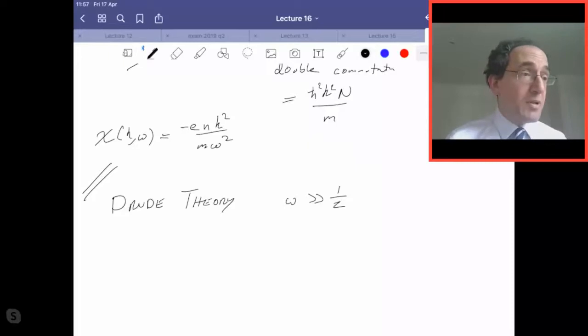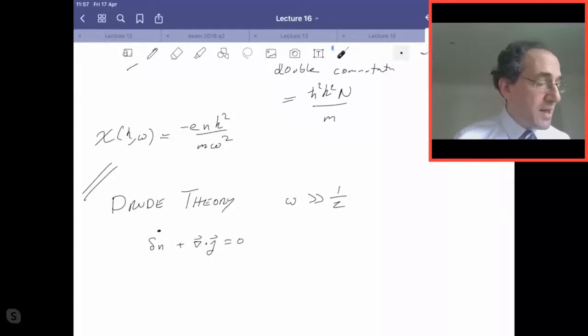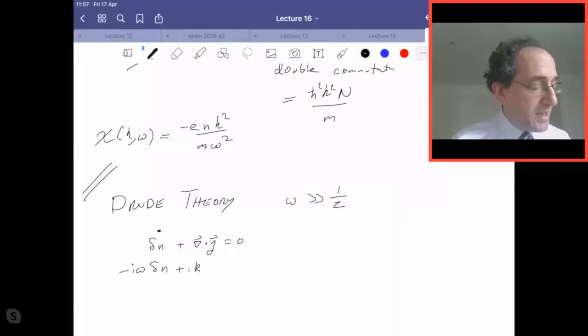So we're going to need a couple pieces. The first is we're going to need current conservation, delta n dot plus the divergence of the current equals 0. So this is the particle number density, and this is the particle current density. We'll move into Fourier space. So we have i omega delta n plus i k dotted with j, or j in the direction parallel to k, is 0.